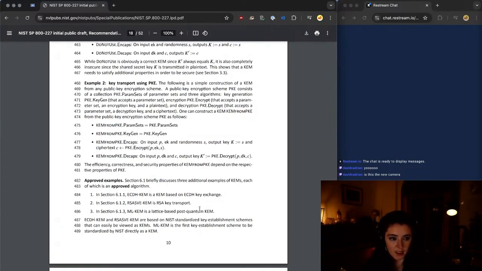Eve, the meddler in the middle, can say, I'm going to present a different key and have Alice encapsulate to that, and I can present something else to Bob, and Bob can encapsulate to that. They think that they are agreeing on a shared secret between Alice and Bob, but they're not. It's Alice with Eve and Eve with Bob, and they can manipulate it in that way.